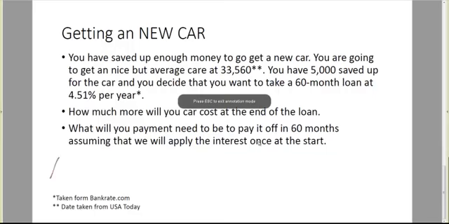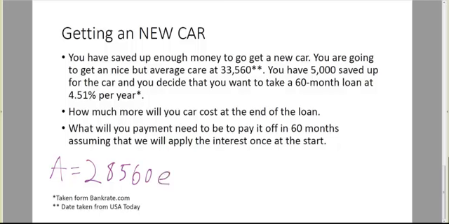So we're going to plug it in. We have A equals P, which is going to be $33,560 minus $5,000 for the down payment, and so that will give me $28,560 times e to the power of our loan rate, which is 0.0451 times the amount of years we have, which will be 60 divided by 12, which is 5, so this is a 5-year loan.